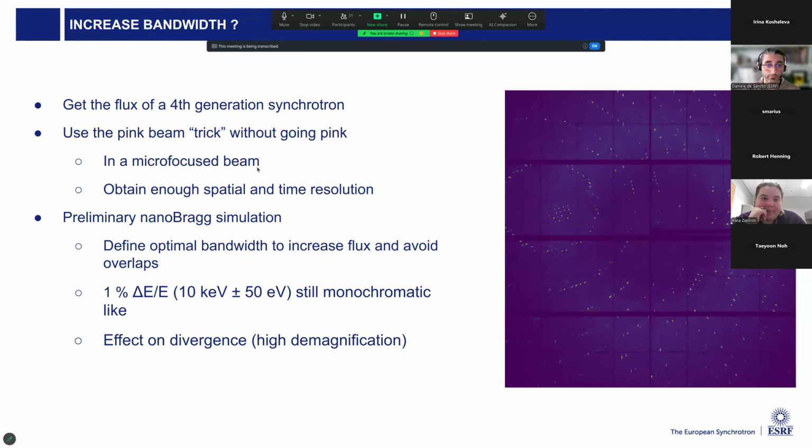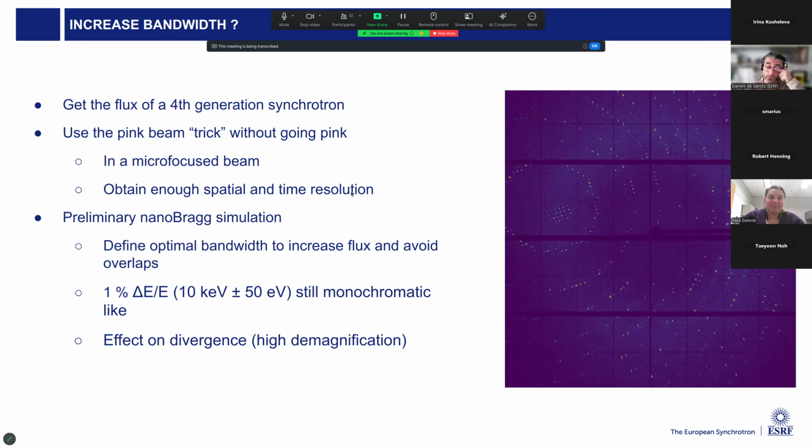This, of course, has some practical difficulties. In order to perform a serial crystallography experiment, we wanted to have that focus in a microfocus beam, and in that way achieve a good spatial resolution. This means being able to sample very small crystals, maximizing the signal to noise, and of course time resolution by reducing the exposure time.